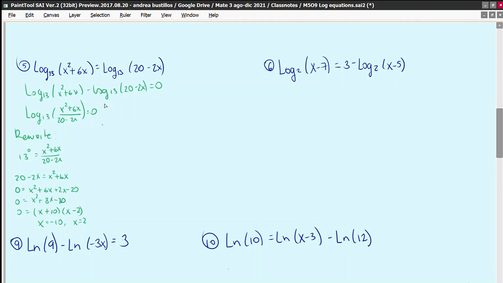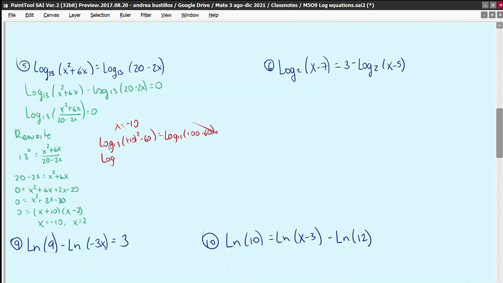Let's verify those answers. First off, with x equals minus 10. If I plug that answer into my first logarithm, this is minus 10 squared plus minus 60. And this is 100, logarithm base 13 of 100 minus 60, and this is clearly positive.